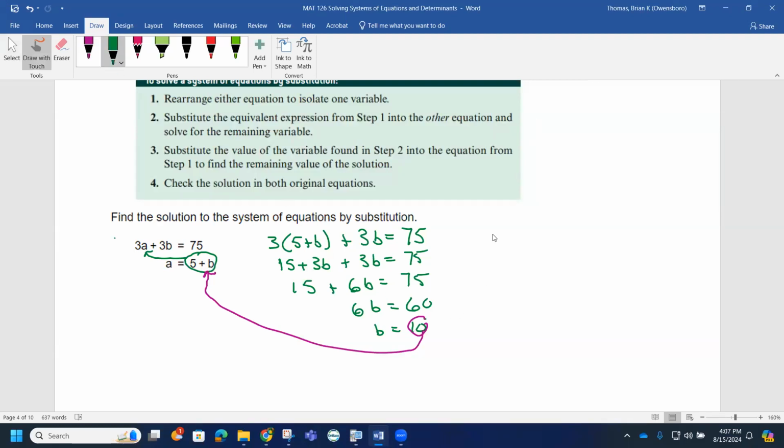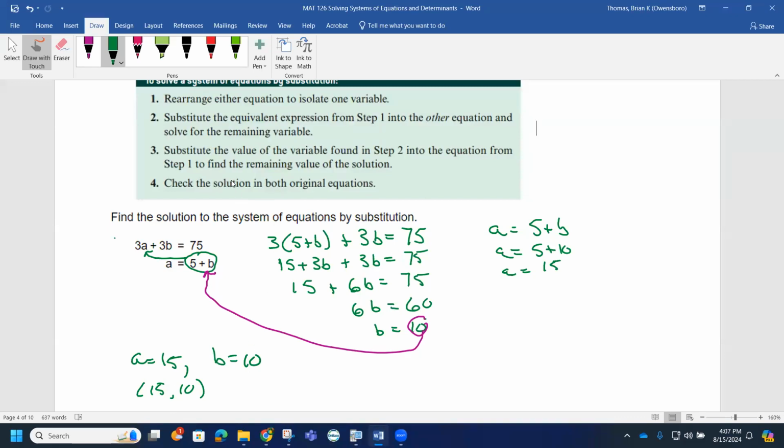To find A, since A equals 5 plus B, we replace the B with the 10, and 5 plus 10 gives me 15. So A equals 15. Our solution is A equals 15 and B equals 10. As an ordered pair, we would write that as (15, 10), and as we said before, that would be considered consistent and independent.